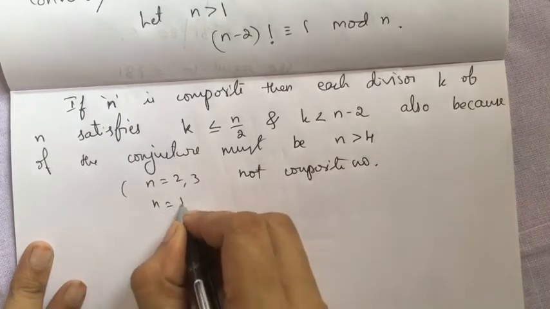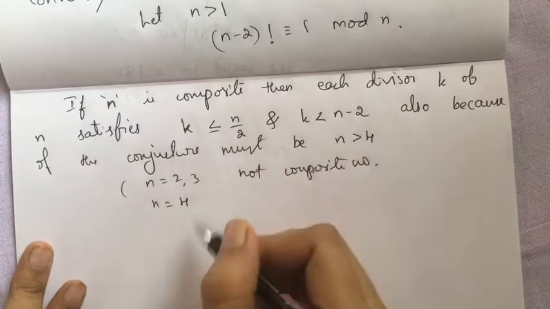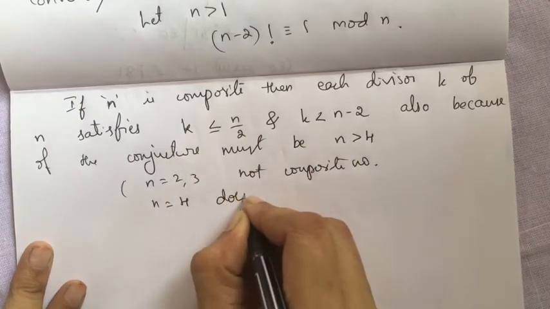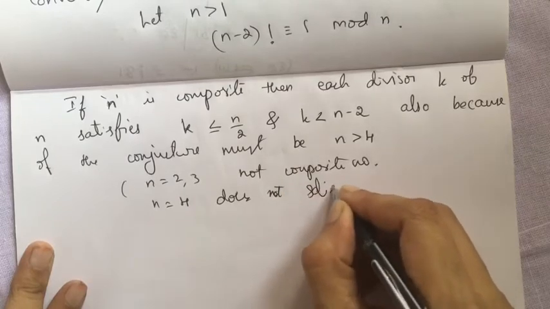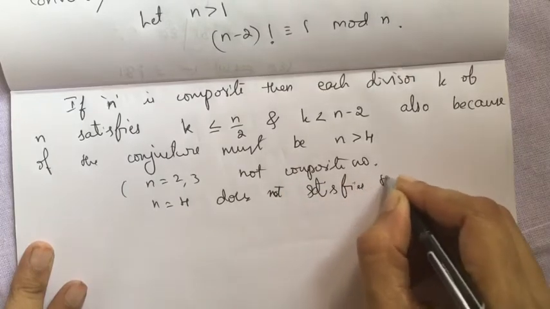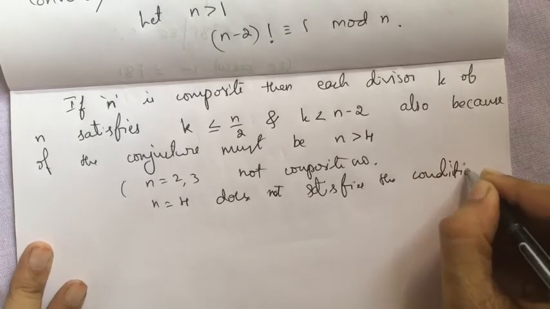And when n equals 4, it does not satisfy the condition, so that won't come.